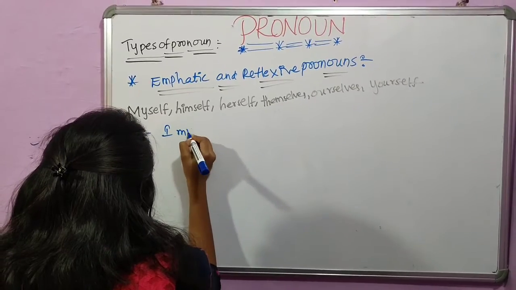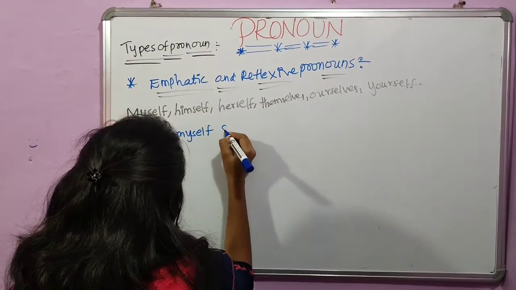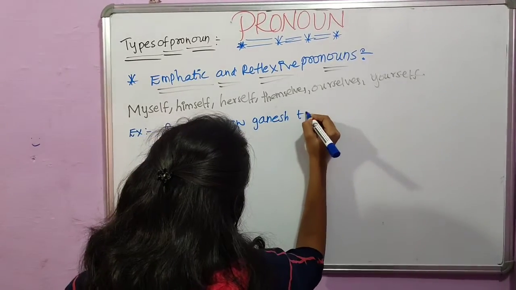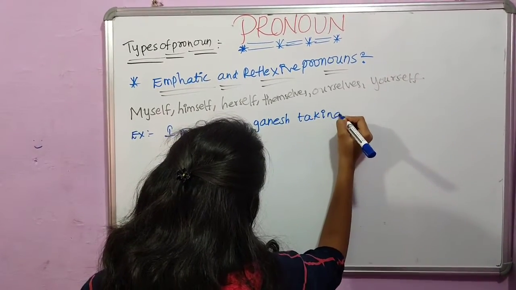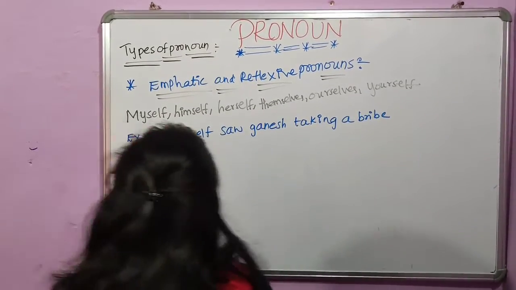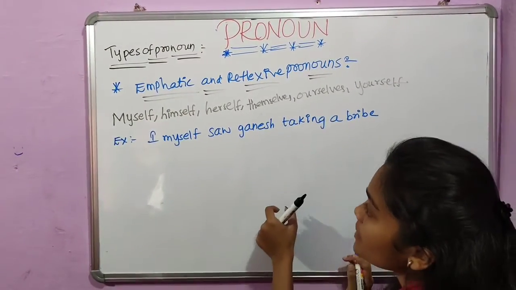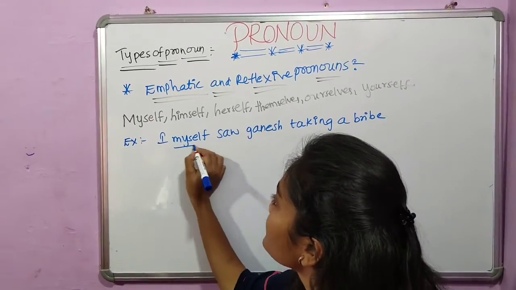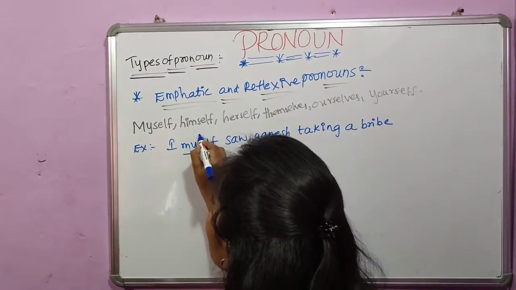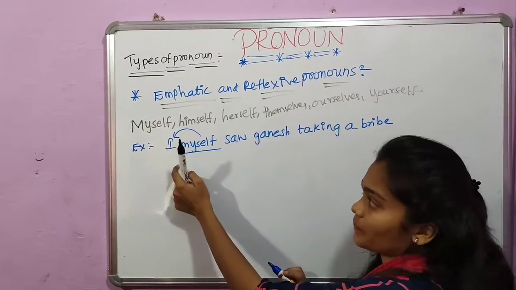I myself saw Ganesh taking a bride. If you observe this sentence, myself acts as an emphatic pronoun because it emphasizes the subject.